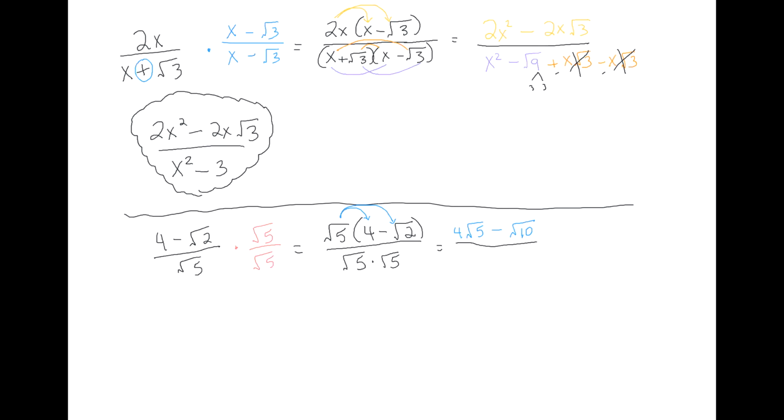Square root of 5 times square root of 5 is just 5, because the square root sign disappears when you multiply by the same exact base. So I have 4 square root of 5 minus square root of 10 over 5. I can't simplify because there's nothing that 4, this invisible 1, and 5 have in common.